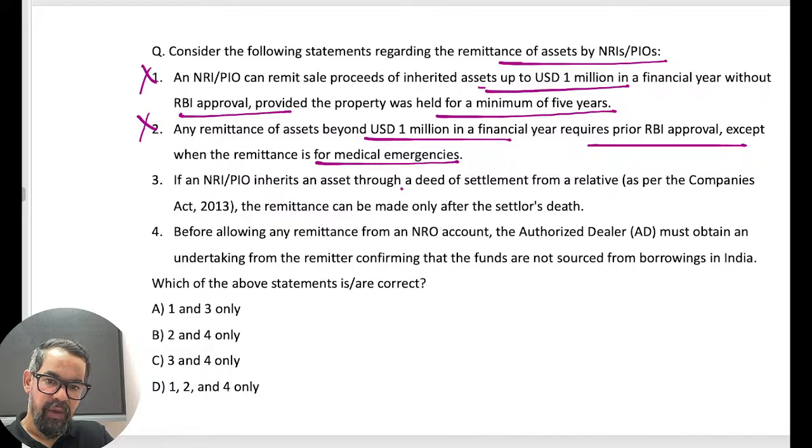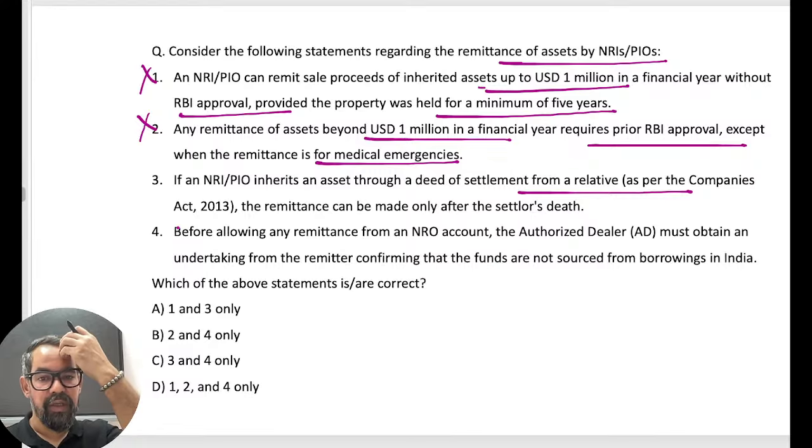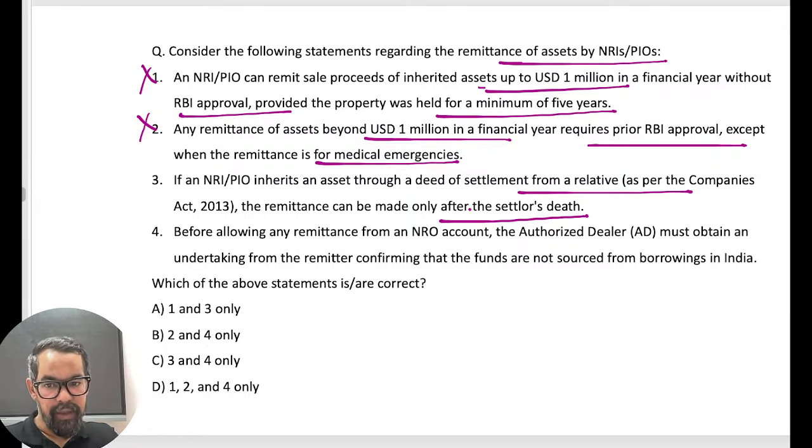If an NRI or PIO inherits an asset through a deed of settlement from a relative, the relative as defined by the Companies Act means brother, sister defined आपका, ठीक है, ऐसा नहीं, cousin and uncle are not considered as relatives. The remittance can be made after the settler's death.